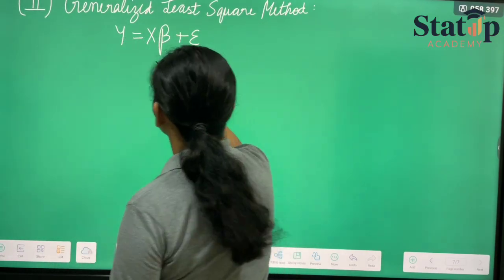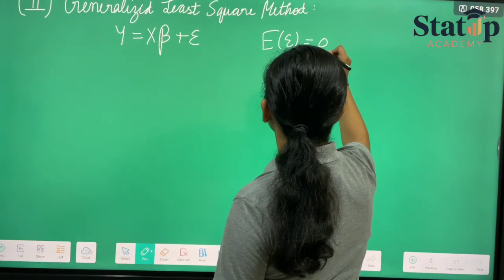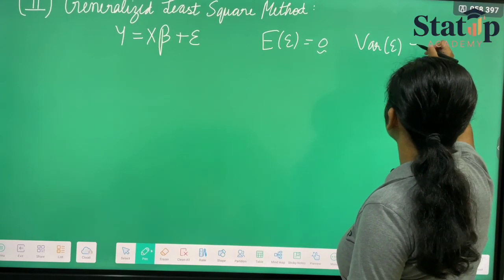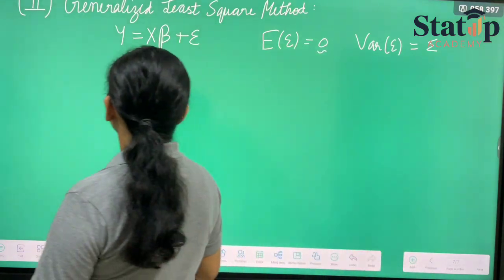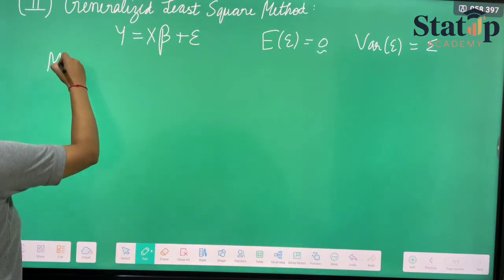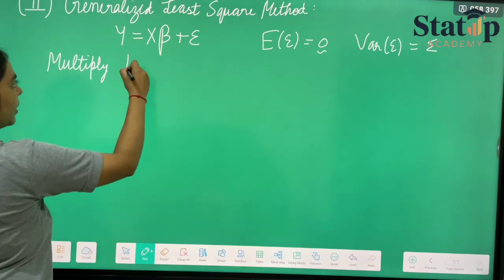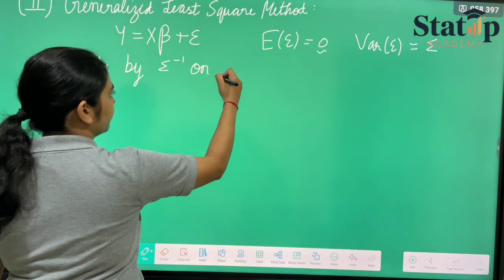Here, let us consider expectation of epsilon is equals to 0 and variance of epsilon is nothing but equal to sigma. So we will multiply by sigma inverse on both sides of the model.